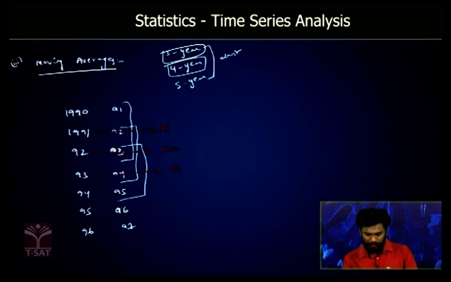In the same way, for 94 and 95 we assign the A4, A5 values. See here, in the 3-year moving average there is no value for 1990 and no value for 1996. That is, 2 values will be reduced in the 3-year moving average. There will be a null value here and a null value here. Okay?